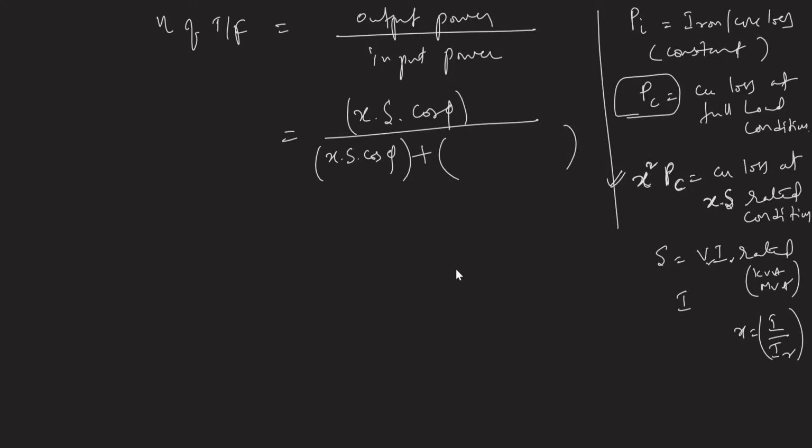What are the losses? We have two losses, iron losses and copper losses. So iron losses will be the same for any loading condition, plus copper losses, which is X square times the rated copper losses of the machine. So this is the efficiency formula.